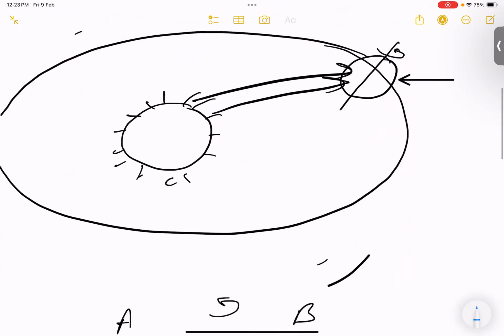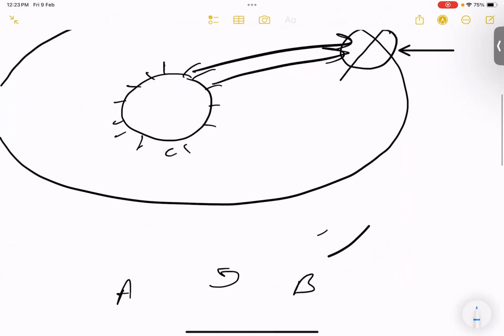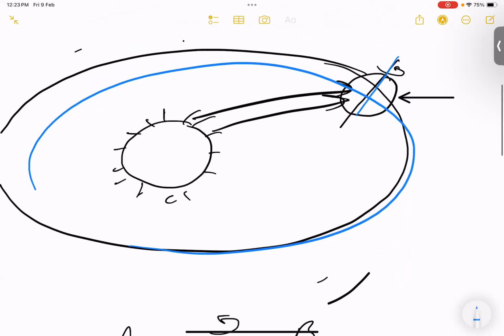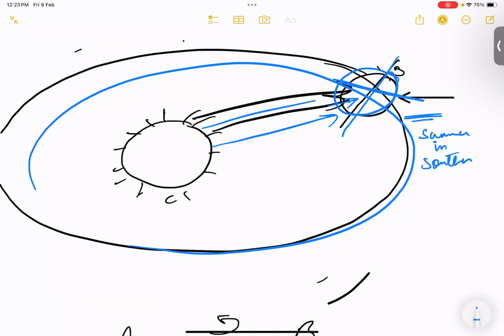Now, this is what we were talking about, that it's a fixed orbit, and here the axis is tilted, and this is the equator. If we see, the southern hemisphere is experiencing sunlight. So even if I have not mentioned anything, we can write that it's summer in the southern hemisphere, because we can see that the rays are reaching more on the southern side.